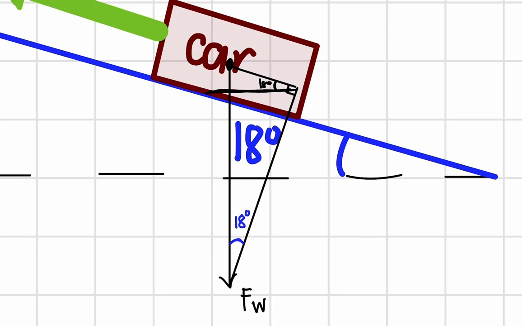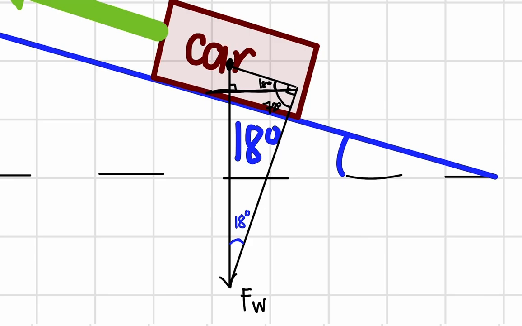And what is the complement of 18? What's the complement of 18? That's 90 minus 18. That's 72 degrees, right? So meaning this is also 72 degrees. Now this triangle here is also another right triangle.